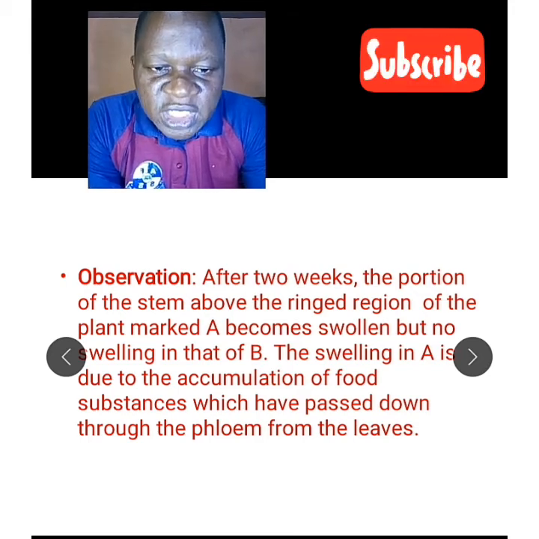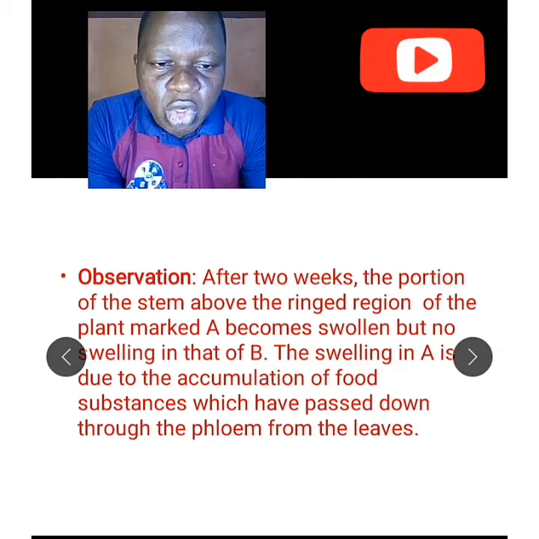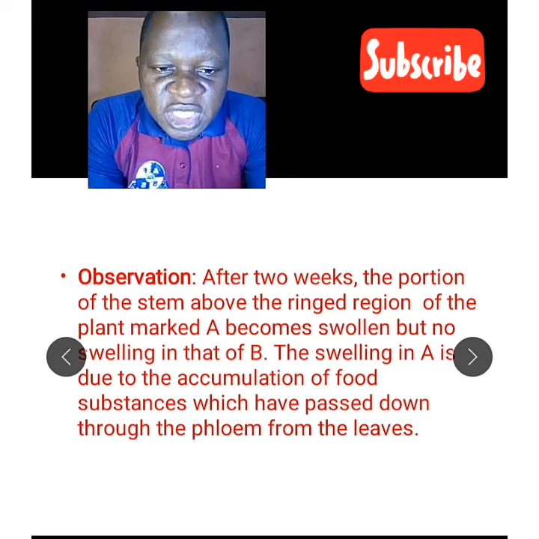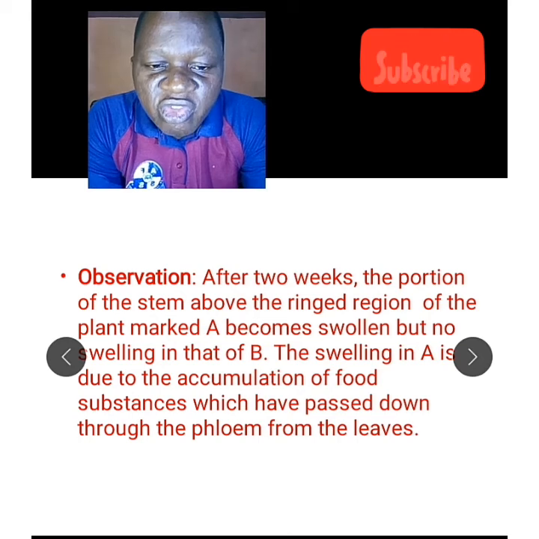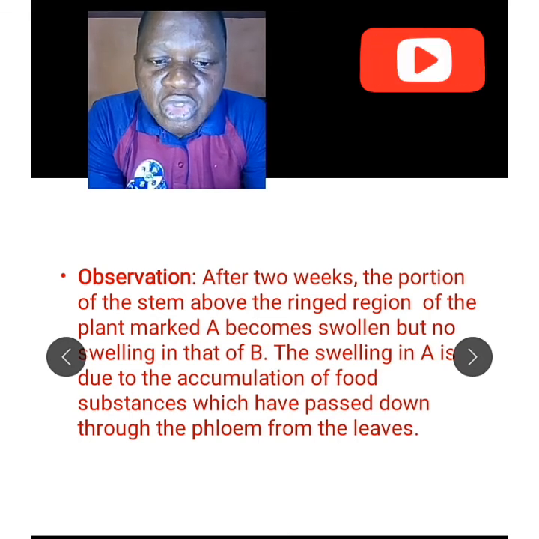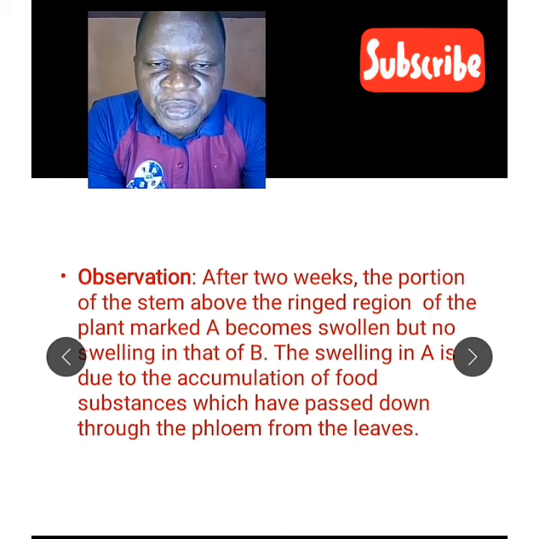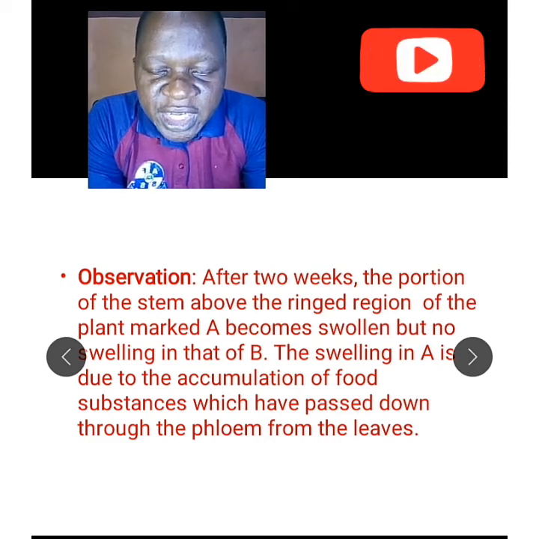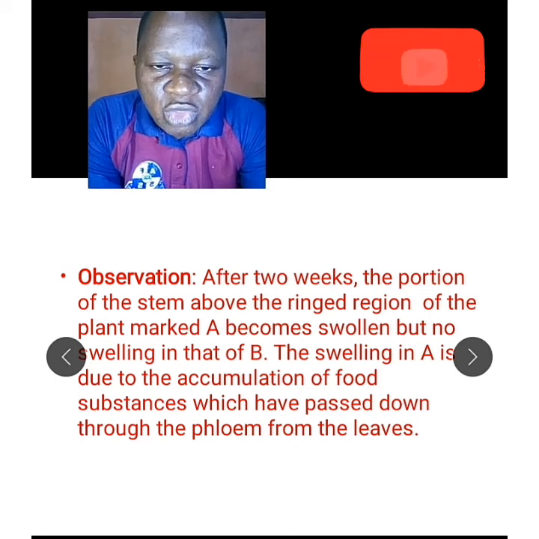After 2 weeks, the portion of the stem above the ring region of plant A becomes swollen, but there is no swelling in B. The swelling in A is due to the accumulation of food substances which have passed down from the leaf through the phloem, but are eventually trapped because the phloem at one end has been removed. The region where the phloem is removed is where you have accumulation.